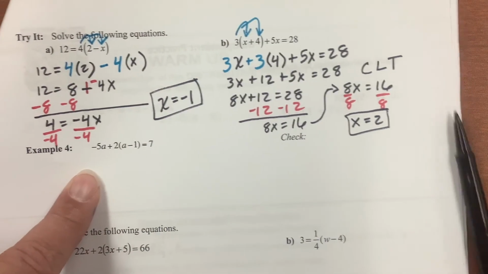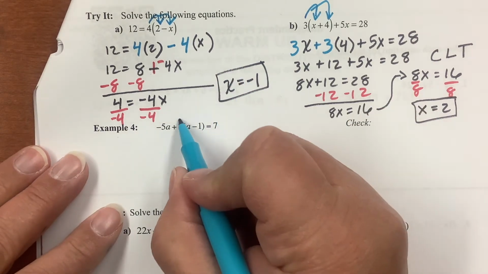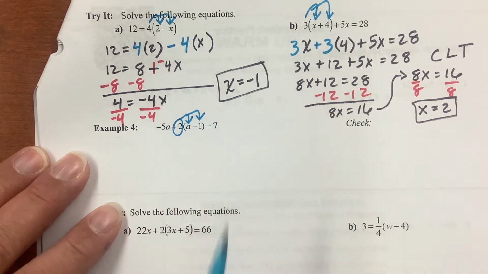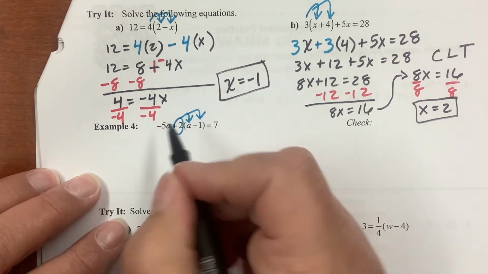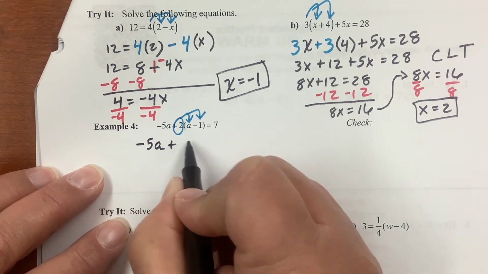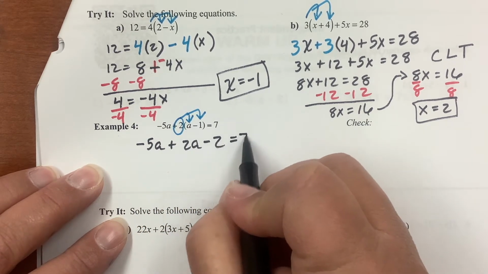The next one, I'm going to multiply whatever's outside the parentheses times what's inside the parentheses. And I get negative 5a plus 2a minus 2 equals 7.